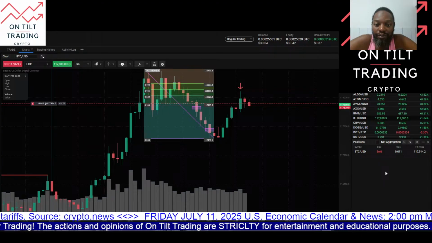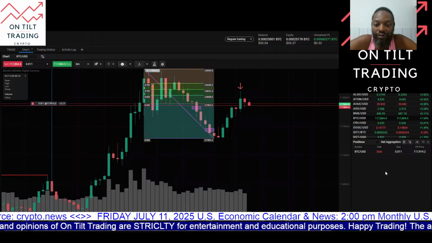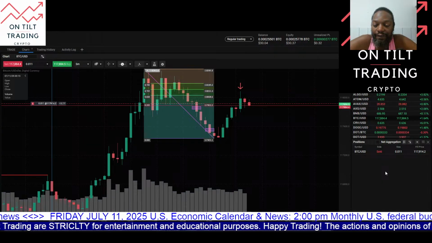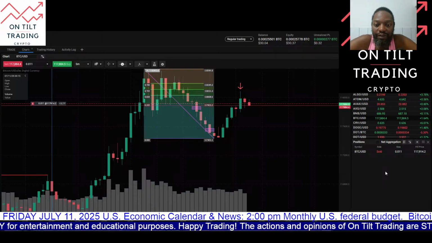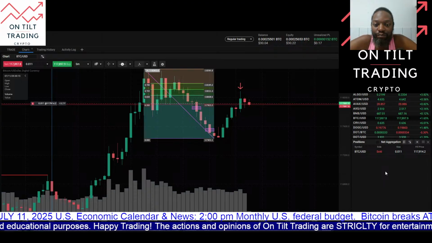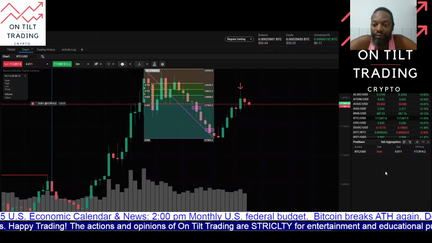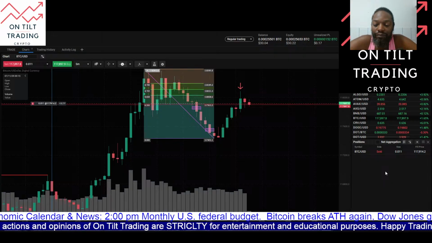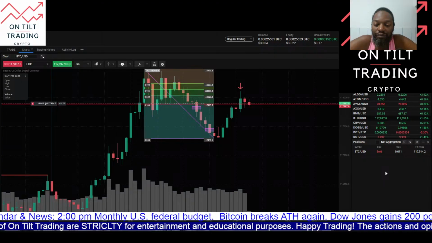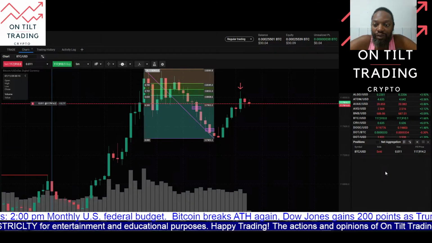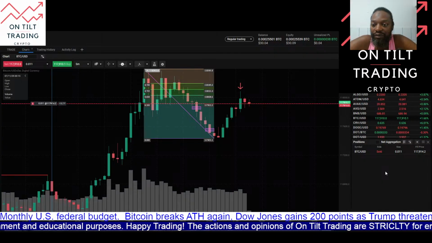And price approaching a new 5-minute low, potentially, from the previous candle. More consolidation here around the 117,900 level.